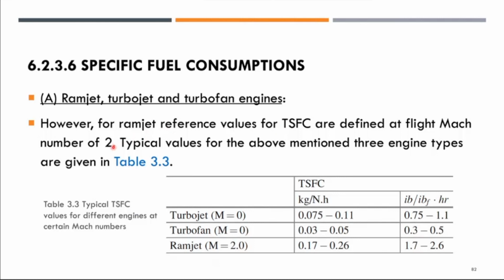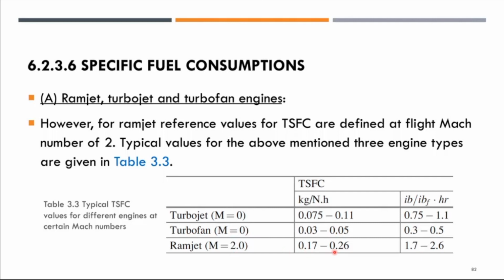The typical values of the above mentioned three engine types are given in this table. For example, for turbojet and turbofan, Mach equal to 0, it is at static. Thrust specific fuel consumption is between 0.075 to 0.11 kilogram per Newton hour for turbojet, or 0.03 to 0.05 for turbofan, compared to ramjet at Mach 2, 0.17 to 0.26.